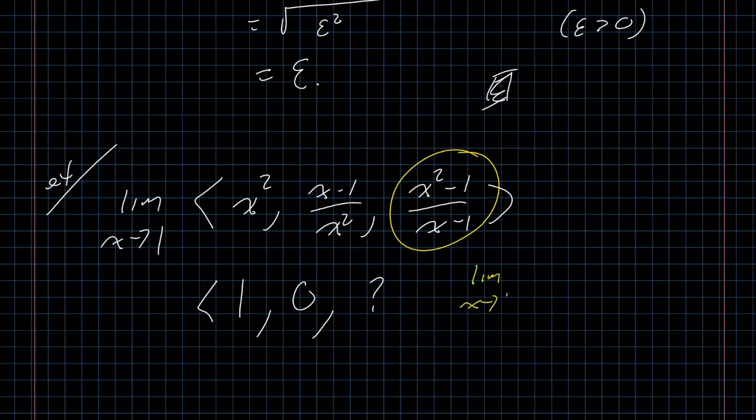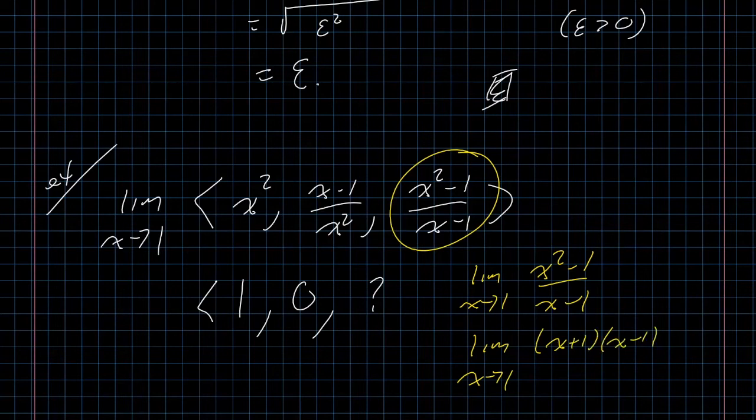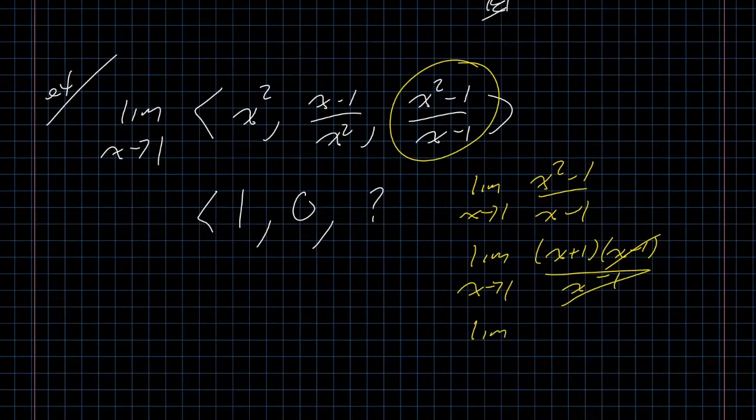The limit as x goes to 1 of x squared minus 1 over x minus 1 is the same thing as the limit as x goes to 1 of, I can factor that numerator into x plus 1 times x minus 1 over x minus 1. And the x minus 1s cancel each other out. So we're looking at the limit as x goes to 1 of x plus 1, which is 2.